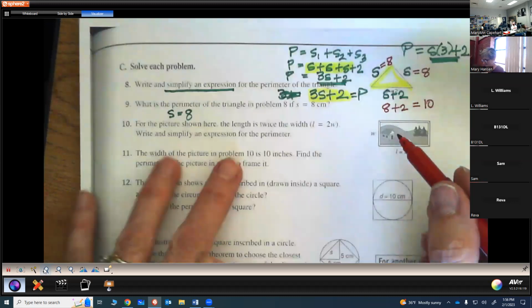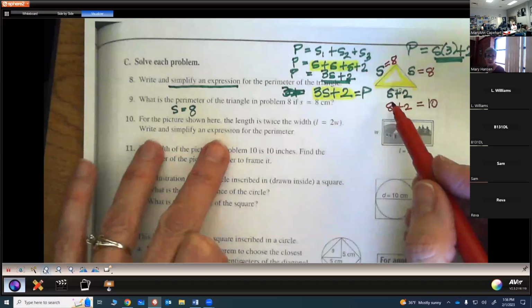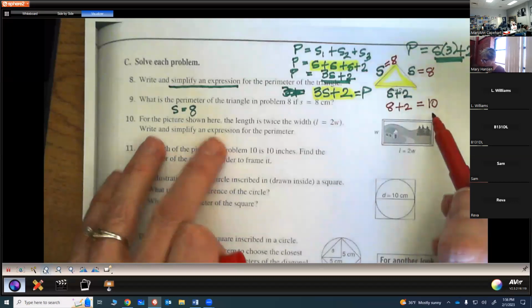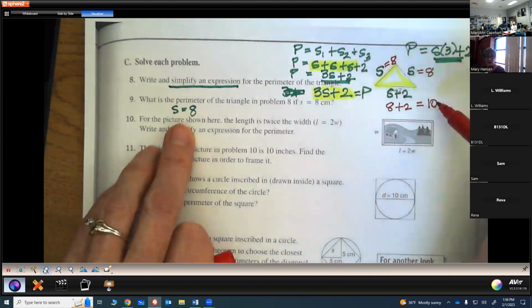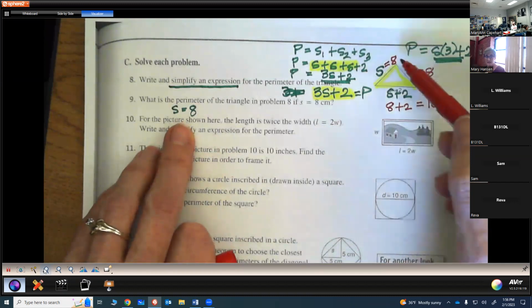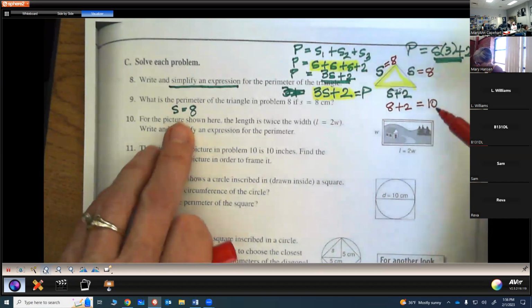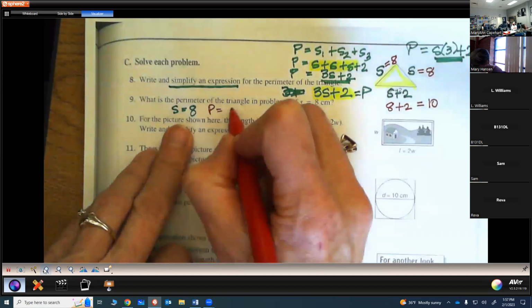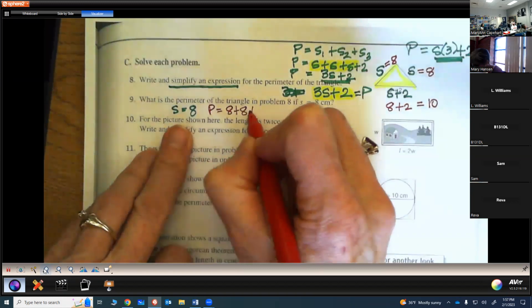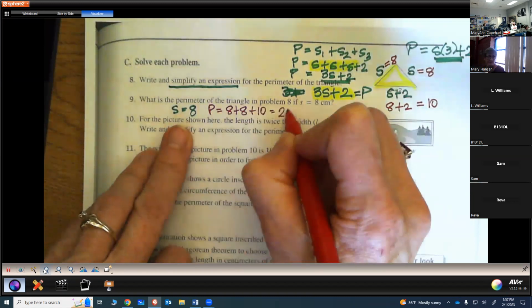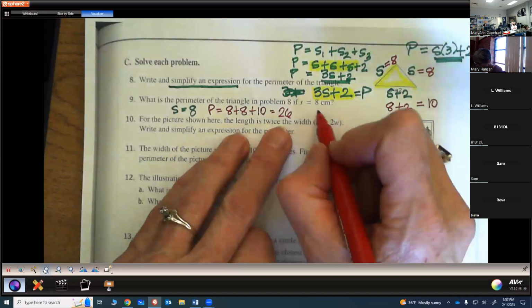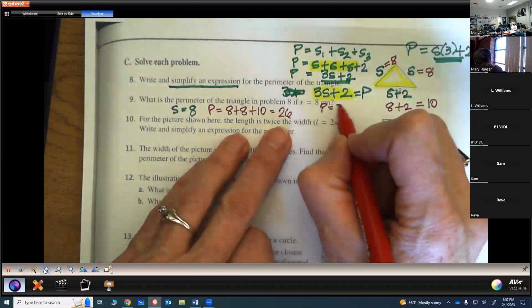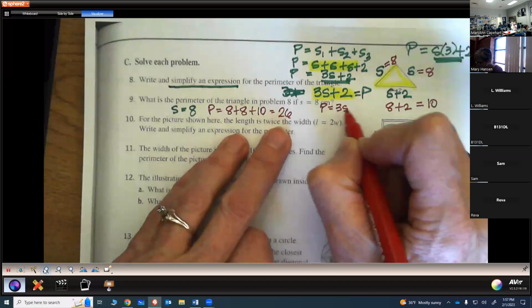You just take what we're given and add 2 to it to get 10. So if S is 8, the perimeter, I can add these 3 numbers. 8 plus 8 plus 10. 8 plus 8 is 16, plus 10 is 26. Or the other way I could do that is I could say, I know that from the first problem, perimeter equals 3 times S plus 2.